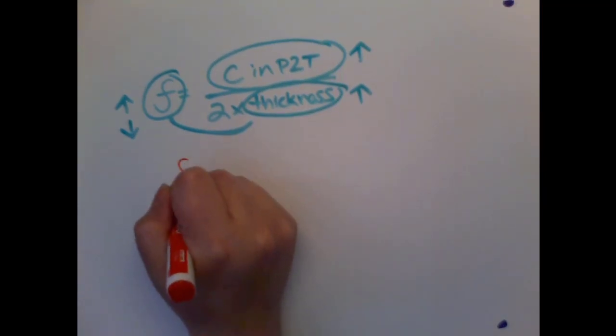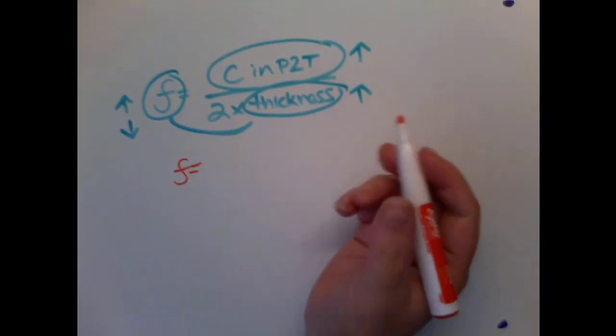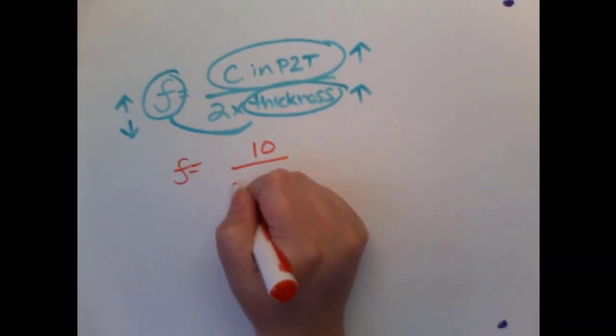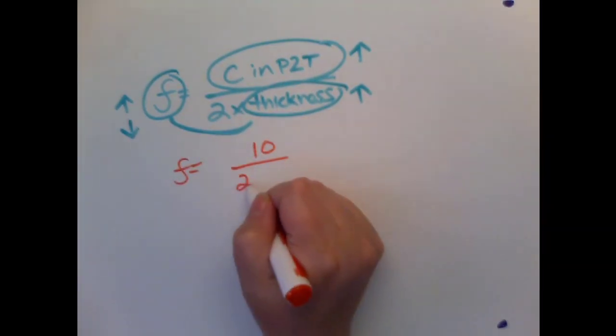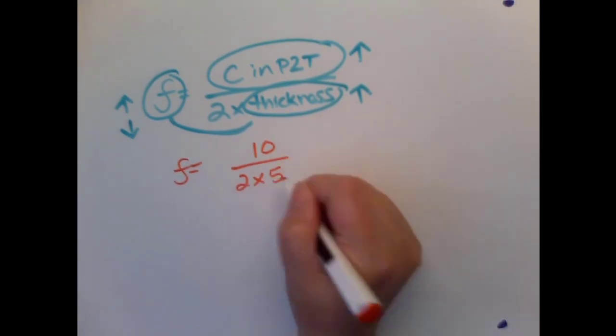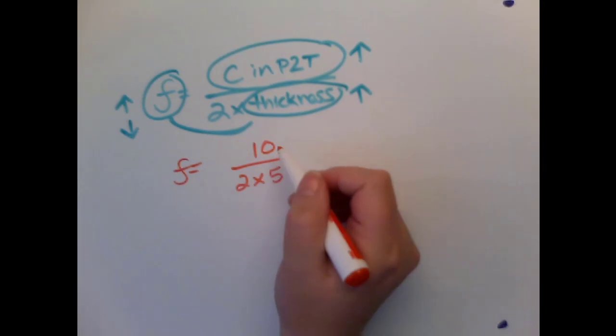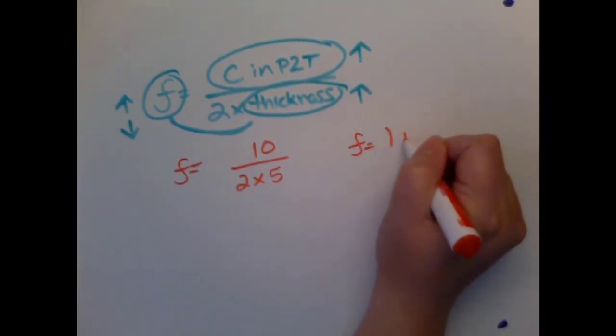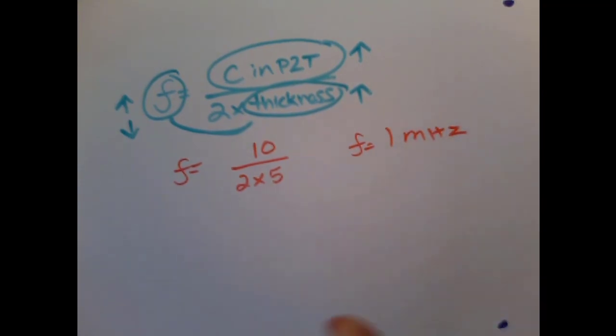So let's just say frequency equals, I'm just throwing numbers in just to show it, 10, we'll call our speed of sound, divided by 2 times 5 as our thickness. We get 10 divided by 10. Frequency will equal 1 megahertz.